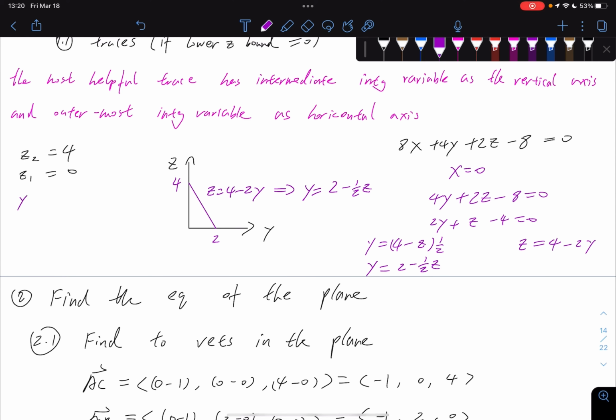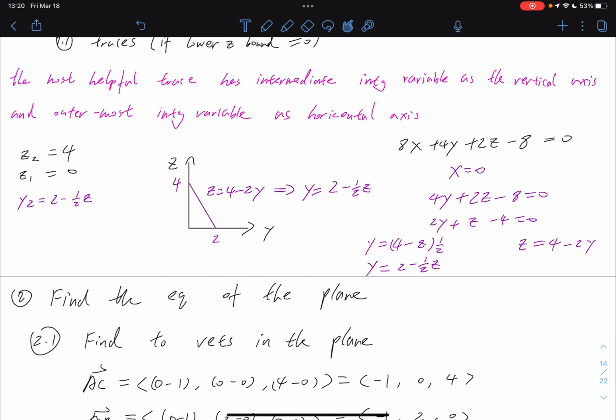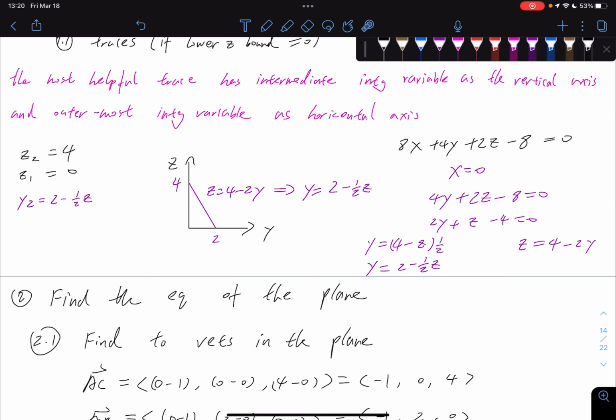So y2 is 2 minus 1/2 z. If you look from the y side, we're going from left to right. The lowest I can go is y equals 0. The highest I can go is this purple line, y2 equals 2 minus 1/2 times z.